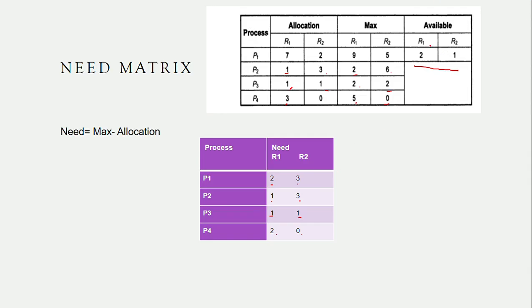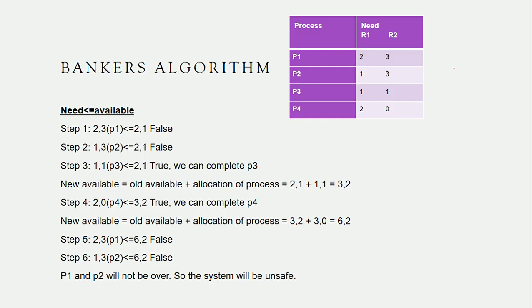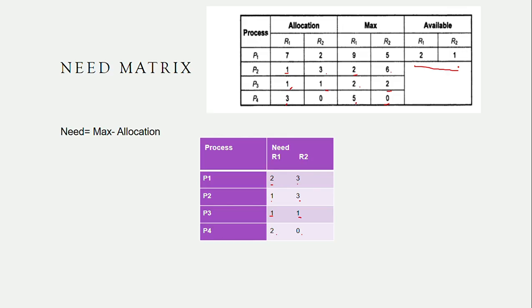So R1 is available in quantity 2 and R2 is available in quantity 1. So let us check with the help of Banker's algorithm whether the system is safe or not. This is the need matrix which we have calculated right now. I have kept it over here for reference, and we have 2, 1 resource availability.